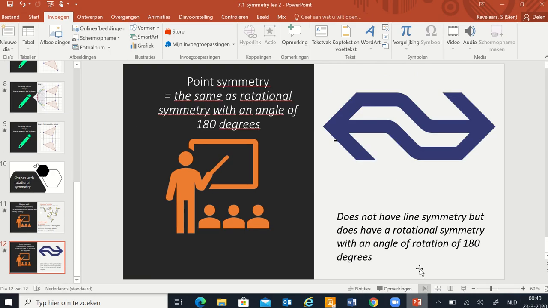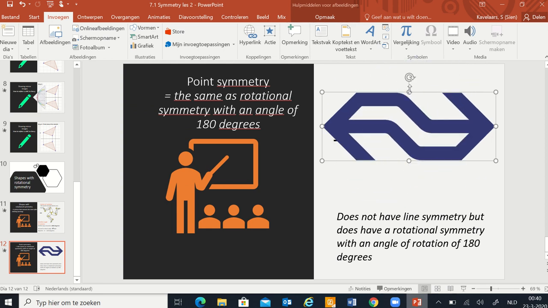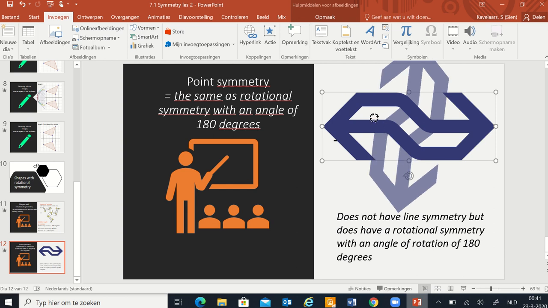So if you have a look at that as well, I can only turn it around 180 degrees. Then it stays the same. I'm going to turn it around and it stays the same. I cannot rotate it like this with 90 degrees. That's not possible because then I have a completely different picture.